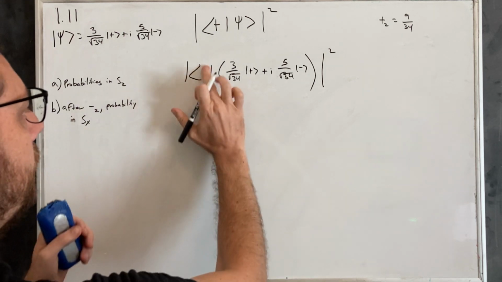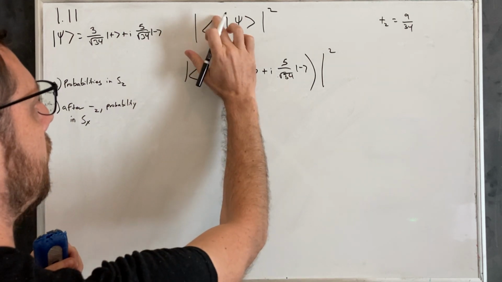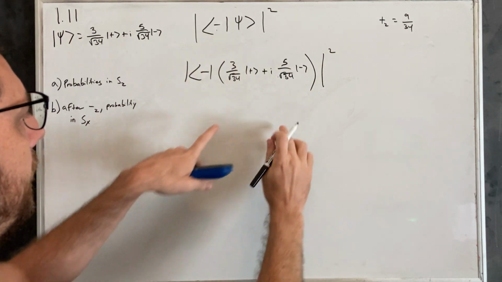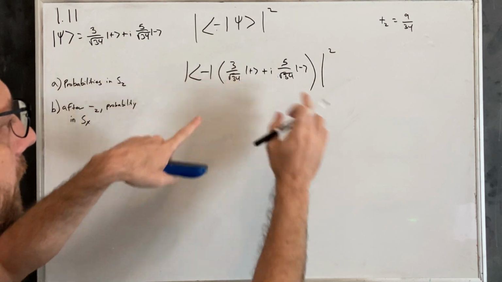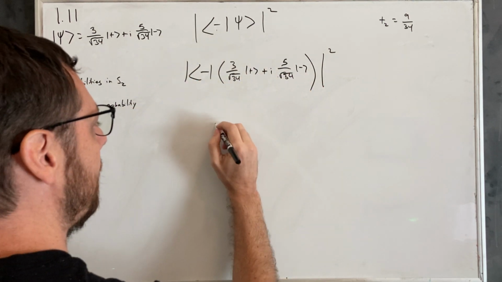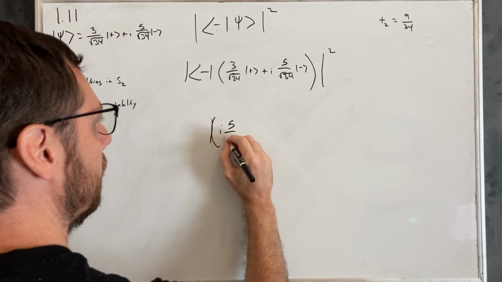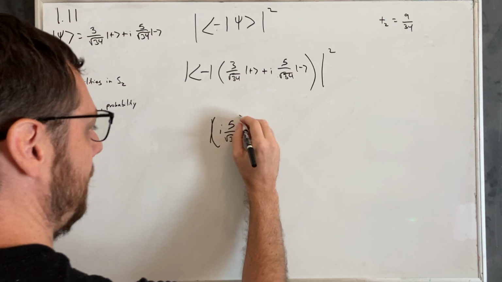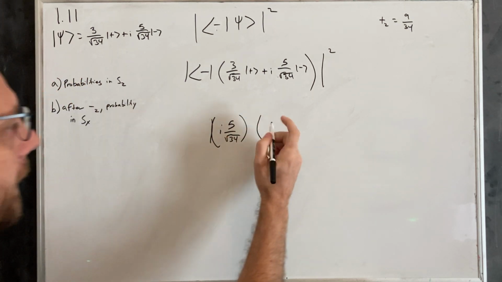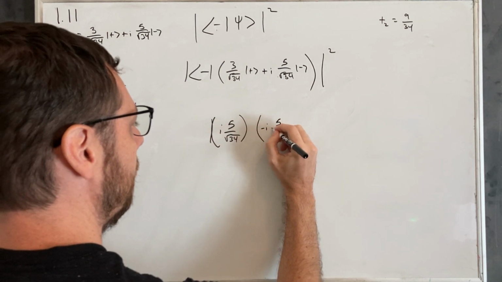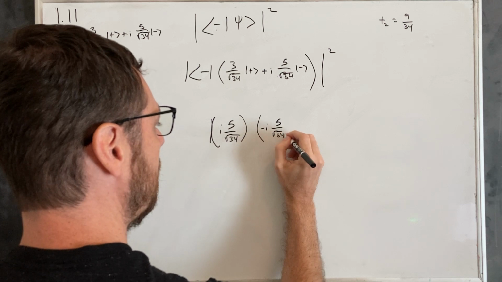And switch this around to be minus. And so then our minus and a plus cancel out, our minus and minus, we keep that. So that's going to be i 5 over root 34. And then we need to multiply it with the complex conjugate, so negative i 5 over root 34.